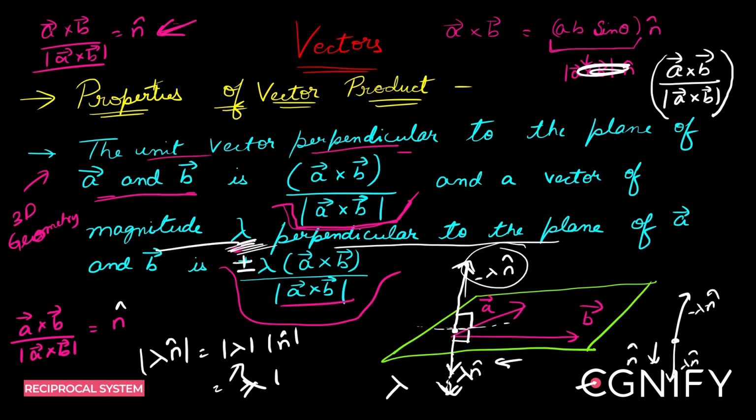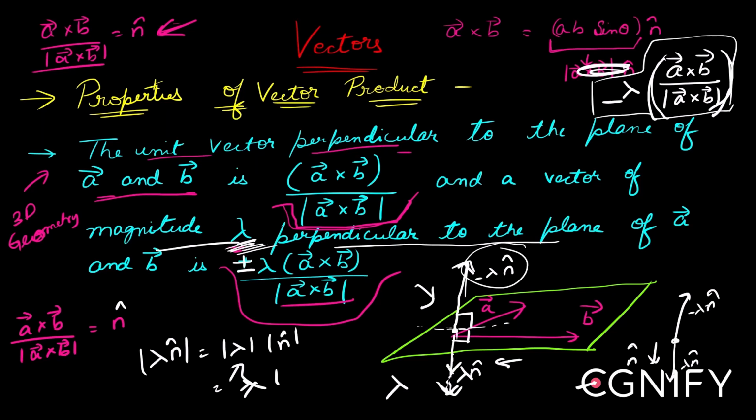Now you can multiply this with plus or minus lambda. So this will give you a vector of magnitude lambda either in the upward direction or in the downward direction. If you want it specifically in the upward direction, then you can take minus lambda in this case, because your A and B are like this, which means your n cap is downward, and if you need an upward vector, then you will take a minus lambda.